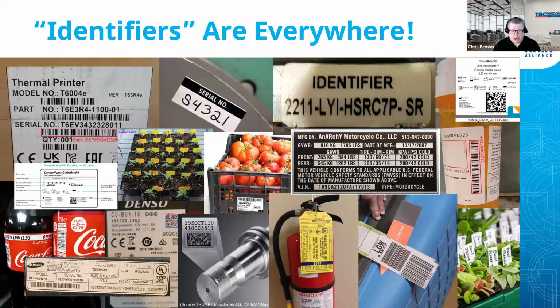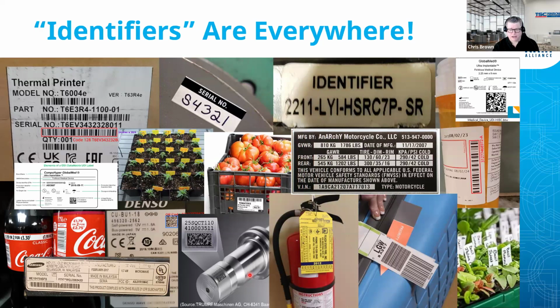If you look at the bottom row in the middle, you'll see sort of a strange silver, I'll put my laser pointer on here, you'll see a silver cylindrical object. What the heck is that? That is actually an automotive part from Europe, and that has a barcode identifier and a human readable printed identifier on there.